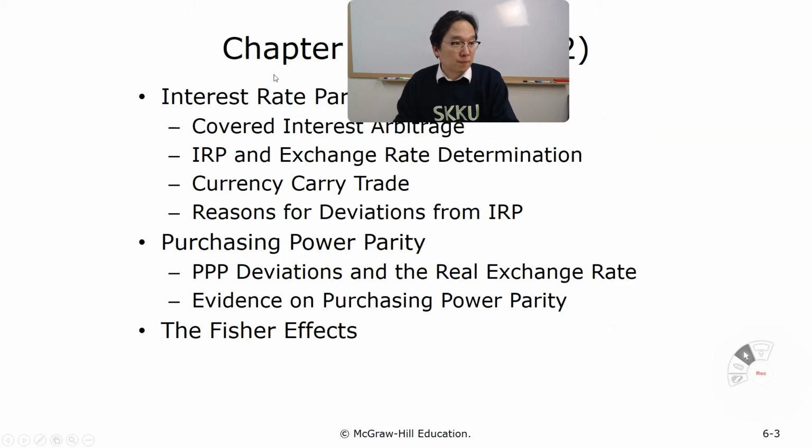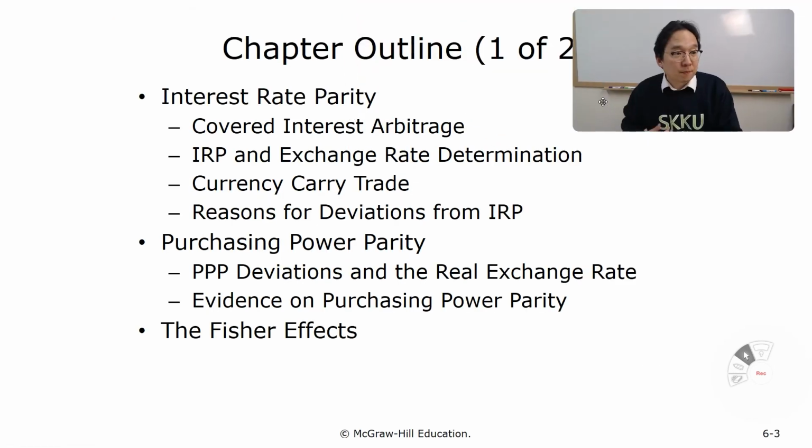The chapter outline: interest rate parity, we're going to learn about this week. There we are going to learn about covered interest arbitrage and IRP, exchange rate determination, and then the currency carry trade concept, which is about borrowing from a low interest country and investing in a high interest currency in another country.